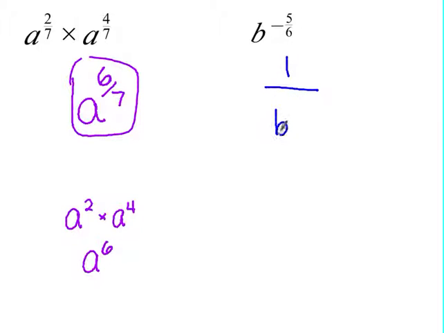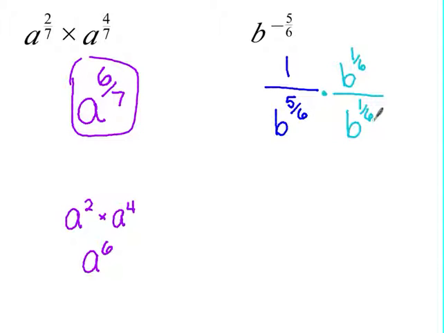Now we've got a problem because if you remember, I don't let you have roots in the denominator. So in this case, we've got to somehow get rid of that 5/6. We can have just a b, we just can't have a b to the 5/6 power. So I need to rationalize that. I'm going to multiply by b to the 1/6.